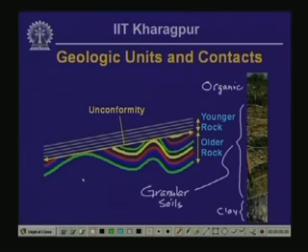Now, in this sequence you have got two geologic units: the upper one comprised of younger rock and the lower one comprised of older rock, and in between there is a contact which is called an unconformable contact, and we are going to discuss the details of these different types of contacts when we discuss the characteristics of contacts in the next little bit.